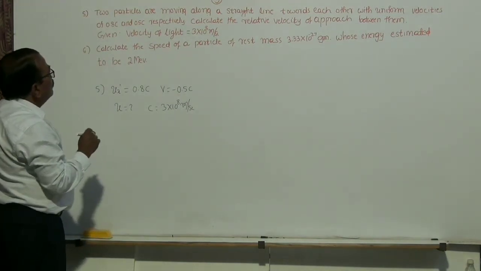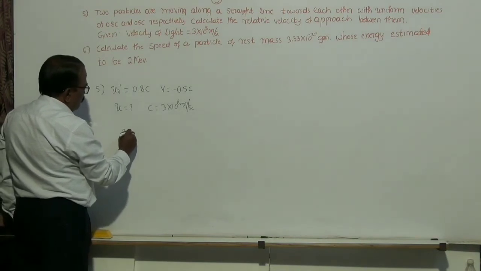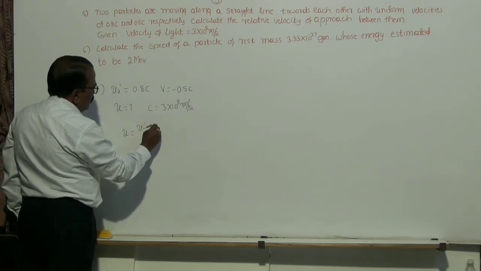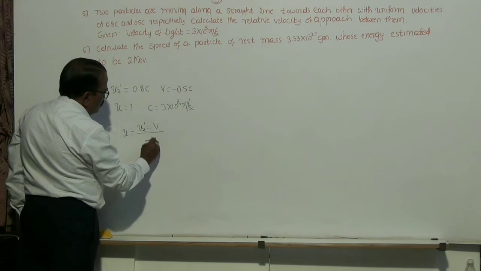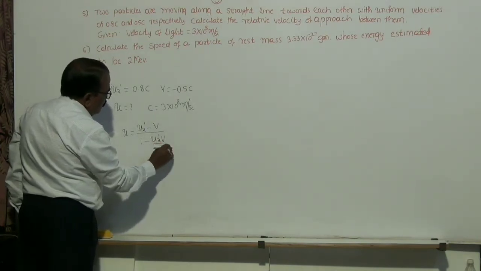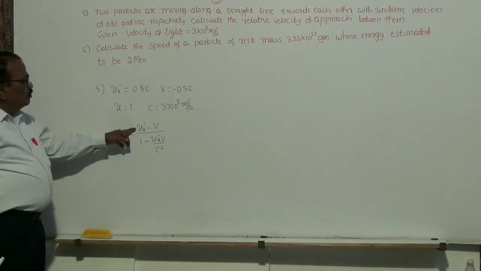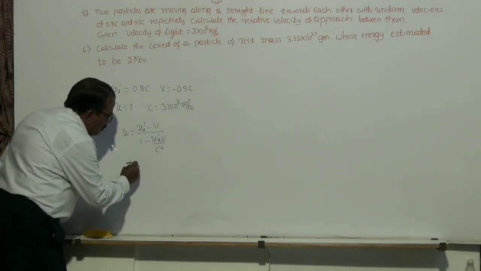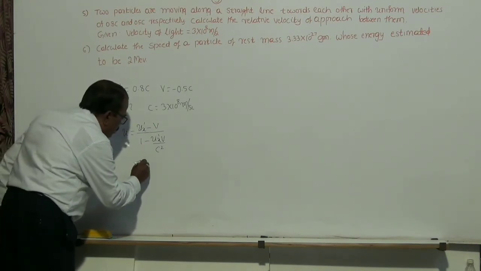Now what you have to do? Same formula. Your relative velocity of approach is given by ux dash minus v upon 1 minus ux dash v upon c square. Then you substitute ux and v. So ux is 0.8 c.